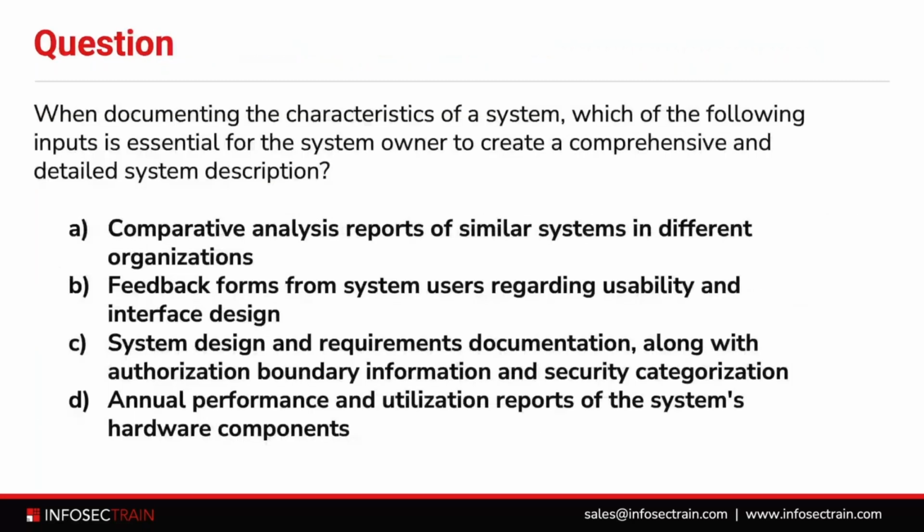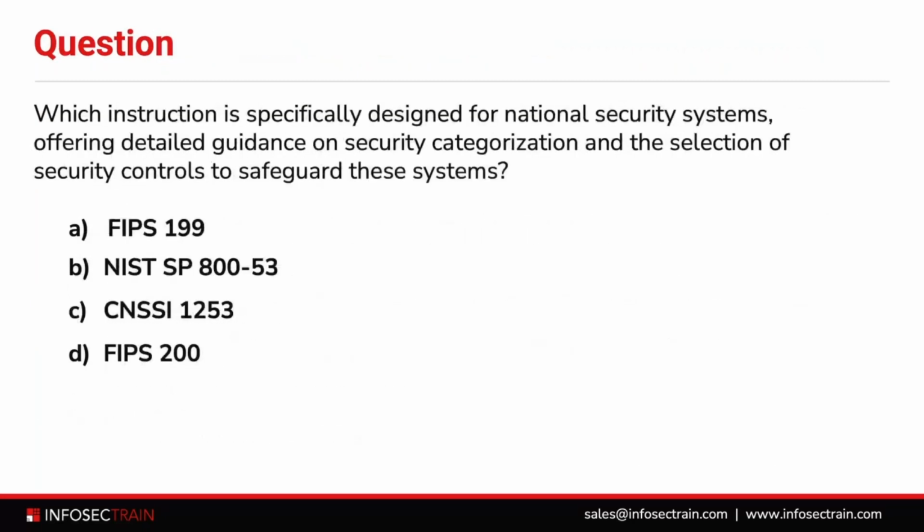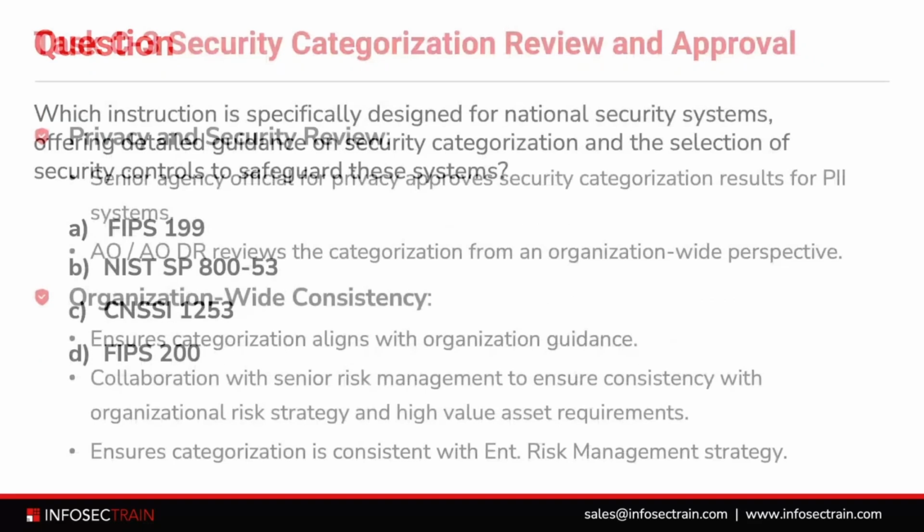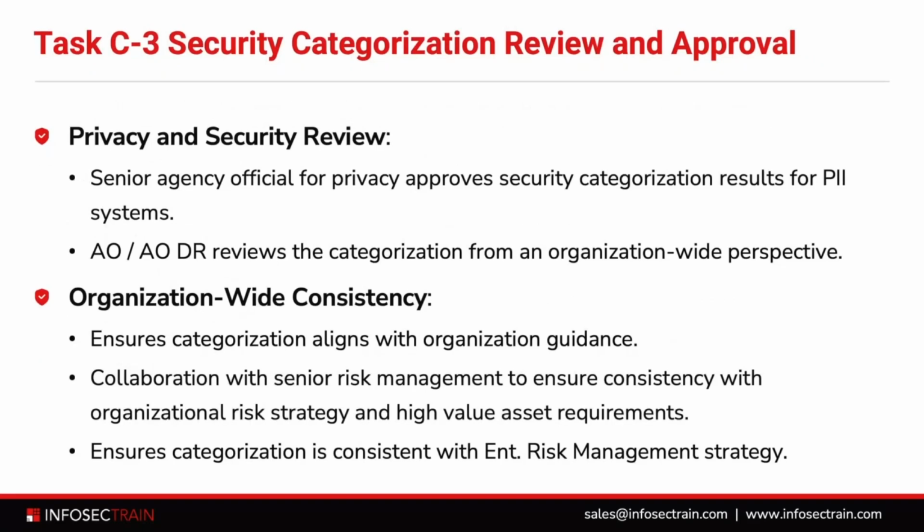All right, so now the final task is the security categorization review and approval. Once the security categorization is done, it is reviewed and sent for approval. The Senior Agency Official for Privacy approves the security categorization for PII.